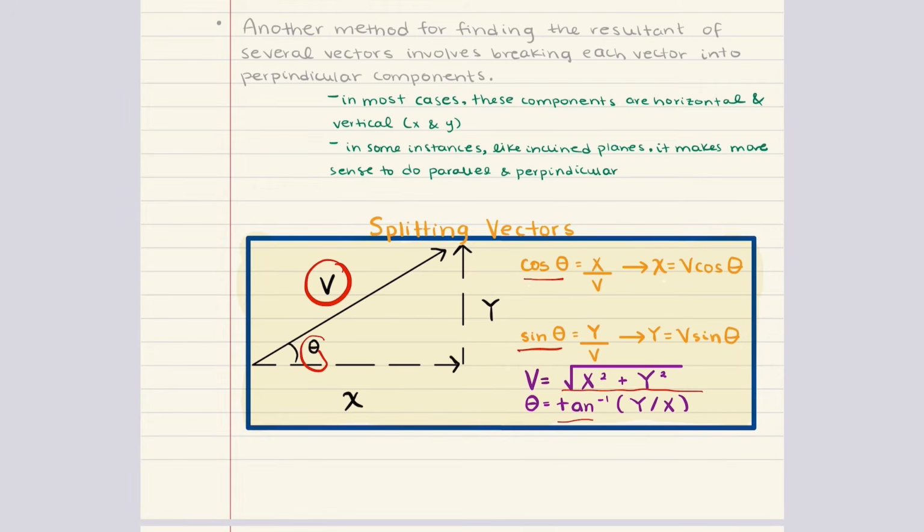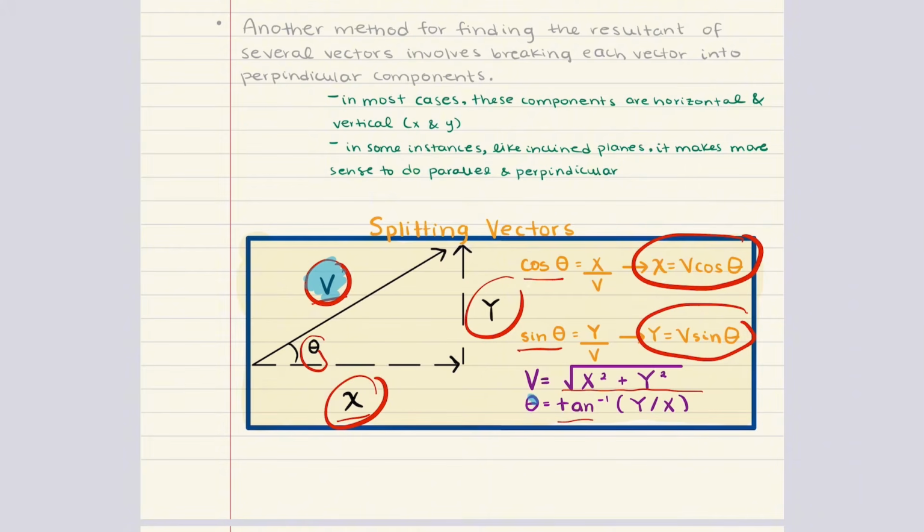So just to repeat, if you have vector v, you can solve for the x and y component of vector v using these two equations where x is equal to v cosine theta and y is equal to v sine theta. In addition, if you know x and y and you are trying to figure out v, v is equal to the square root of x squared plus y squared.